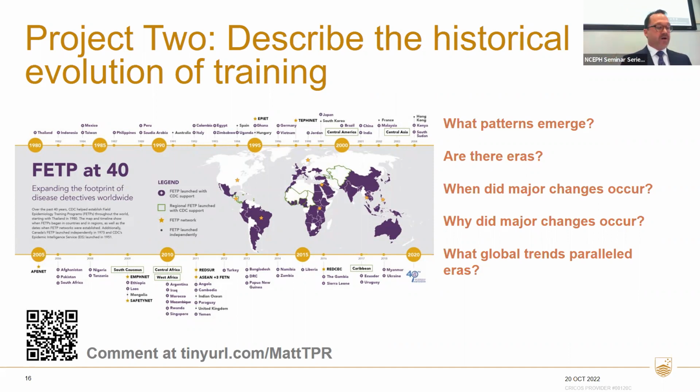And we hope to identify eras or major changes, any reasons for those changes, and any global macro trends that might parallel those eras or those changes, as well as any other patterns in training during the dissemination of the model. We expect to complete the project by June, right?